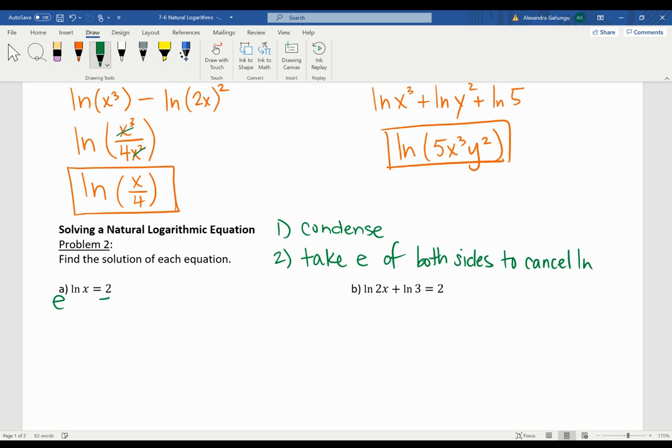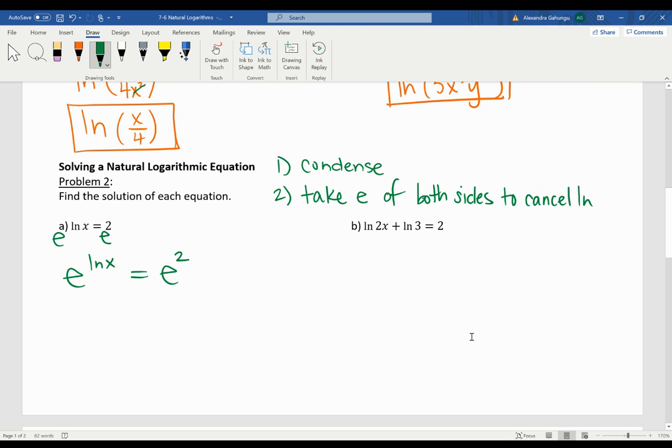So I take the e of both sides. And what that means is now I'm going to make the ln of x the exponent for the exponential function e. And I have to do the same thing on the other side. It becomes e squared. Taking the e just means making both of your sides of your equation the exponent for your e here.